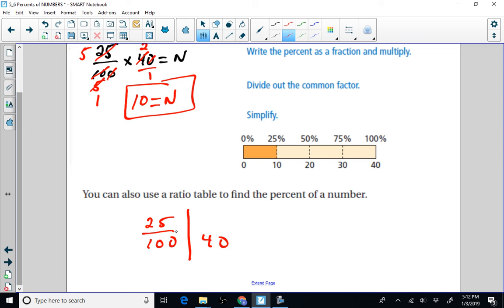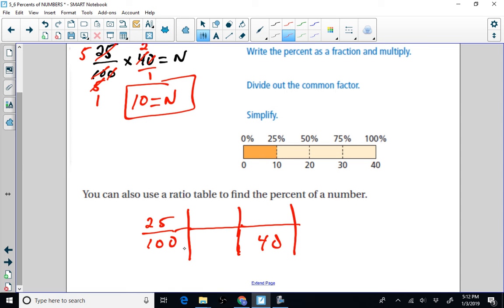So if I'm making a ratio table, it would look something like this. Right? What over 40? Well, in order to go from 100 to 40, well, what can we do here? Let me erase that and give me some space here. All right, and add a little bit more to my table. All right, let's put the 40 here because we need an in-between step.